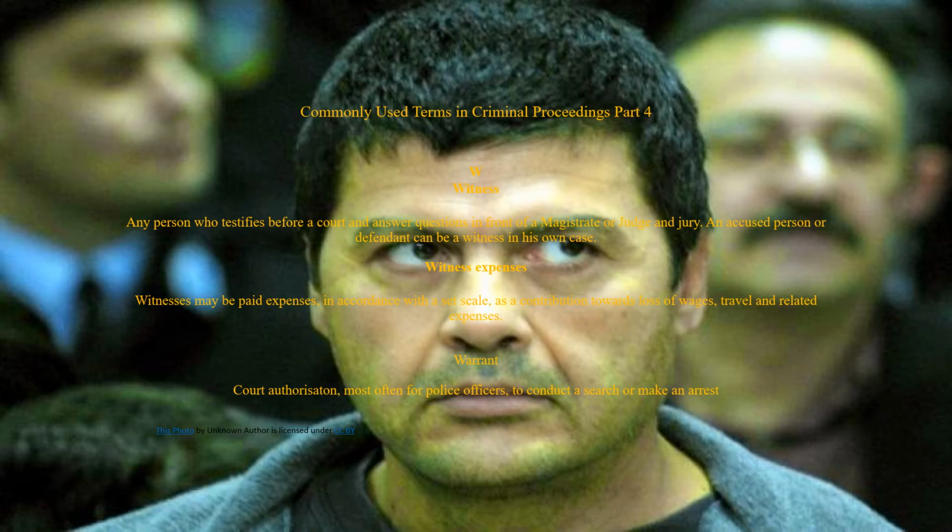And finally, in this series, commonly used terms in criminal proceedings, part 4, we come to terms beginning with the letter W. And the first term I would like to discuss is the term witness.